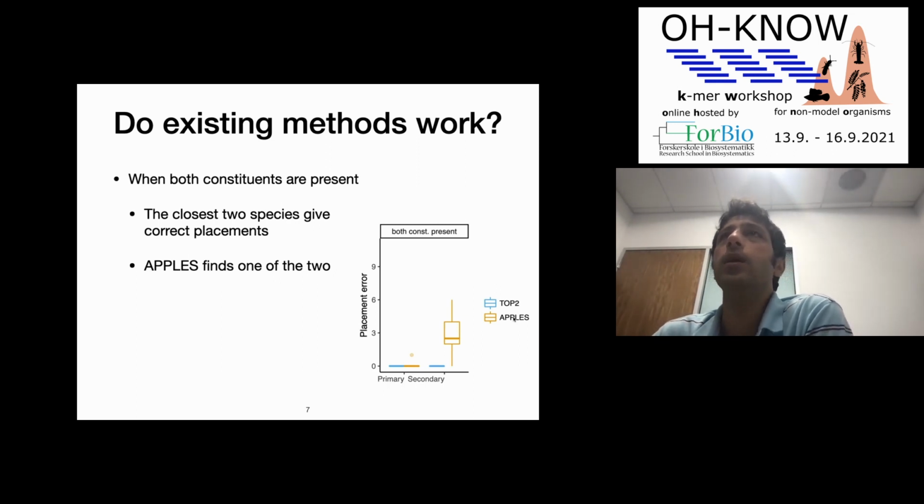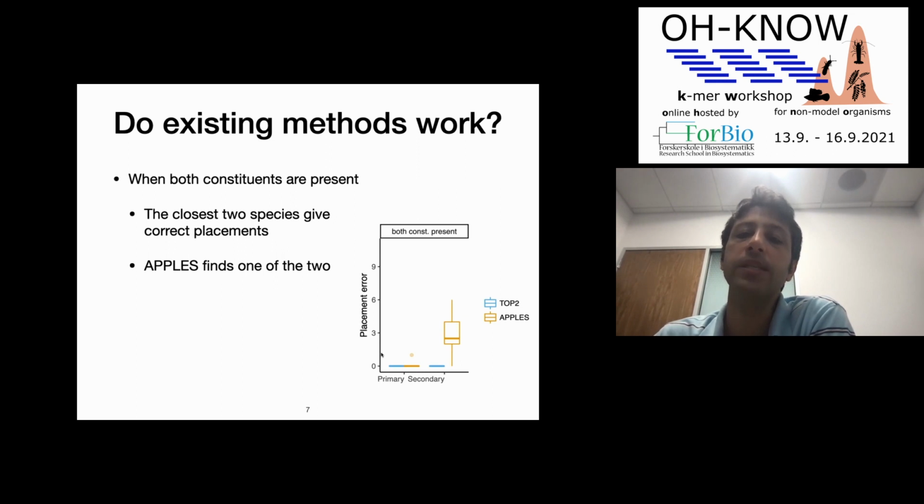With top two, the first scenario we tested is where both of the constituents are actually present in your reference set. So what is in your mix is in the reference set, the easiest scenario. What I'm showing here on the y-axis is the amount of error after the placement.